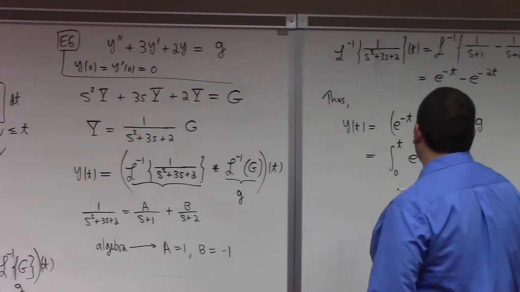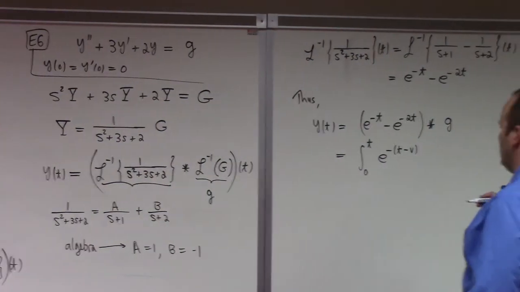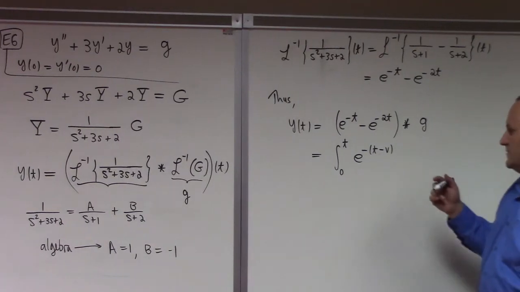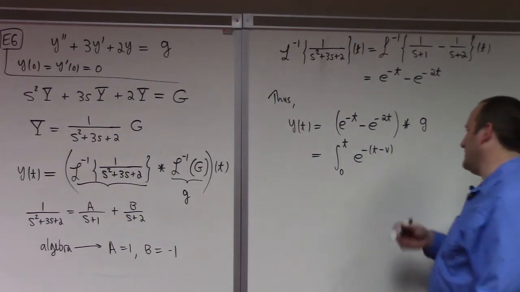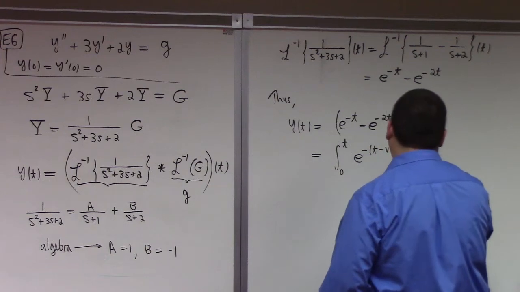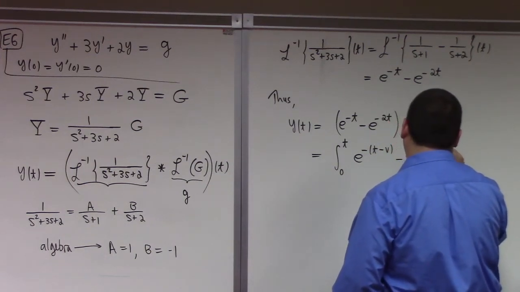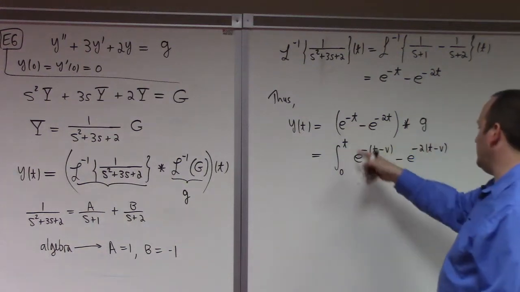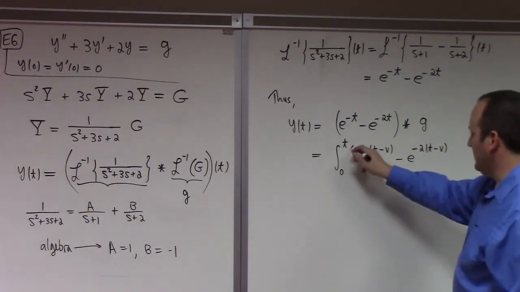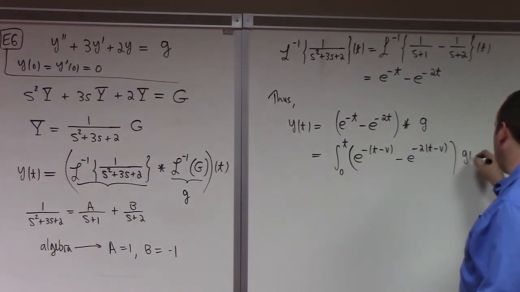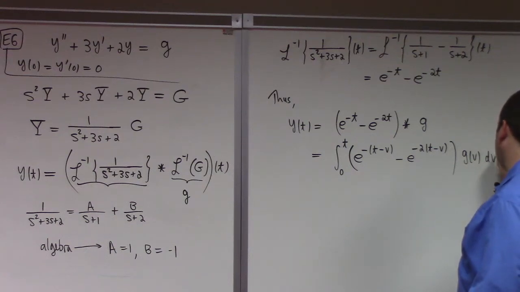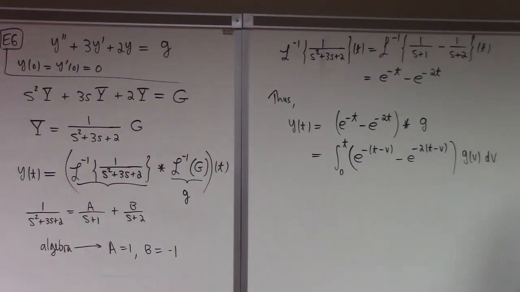Well, guys, we should be smart about this. Let me stop trying to be smart and just write what's obvious here. So we replace t with t minus v. We take that, we multiply by g of v dv. That's the convolution.